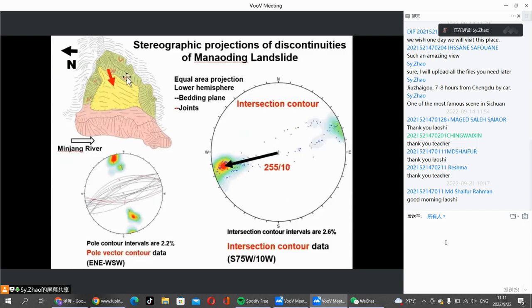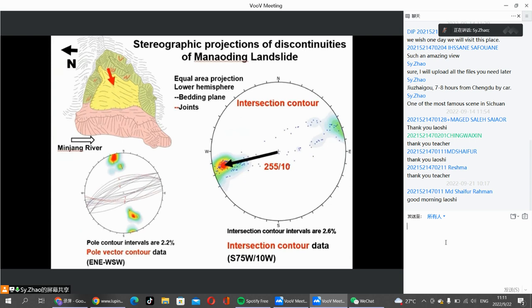So the general plunging direction of the structures is towards the WSW.